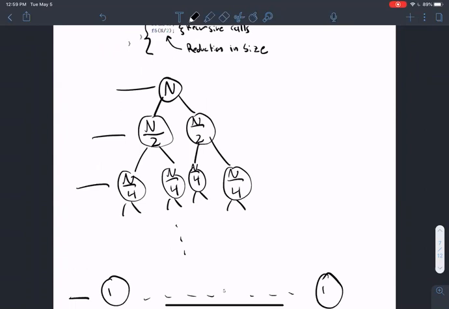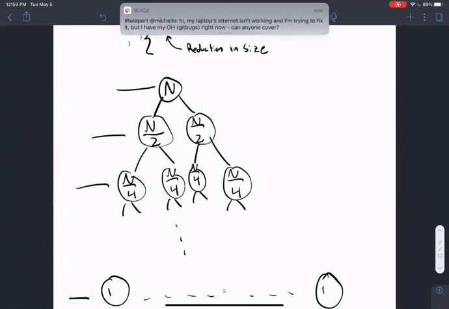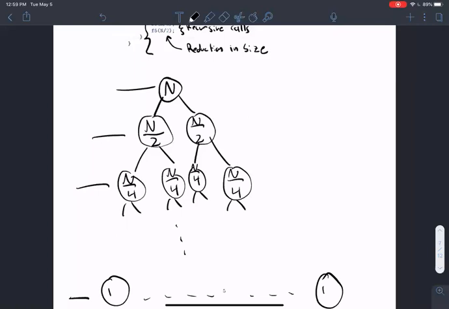Okay. And the third approach is if the work at each level is not constant, but depends on what level it is. So this is level 0, that's level 1, 2, and so on. If the work depends on what level you're on, then you need to write a sum out. So maybe the work at level i equals i squared, then you would need to sum i squared over all the levels.